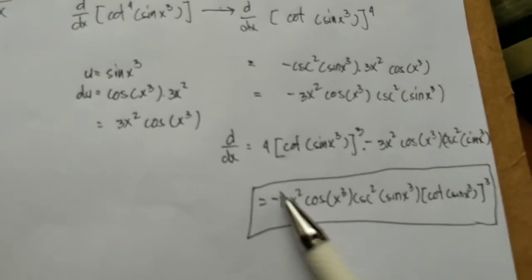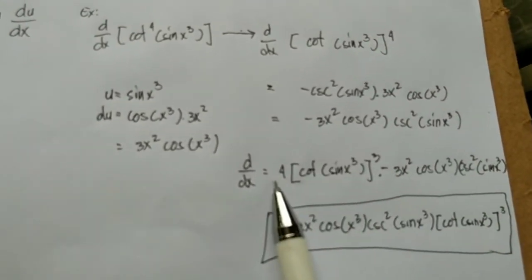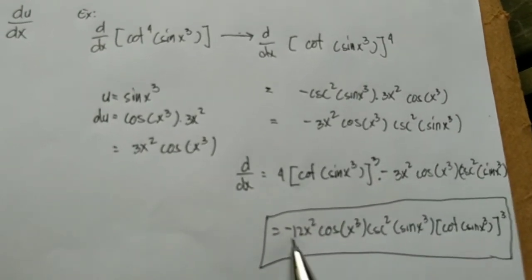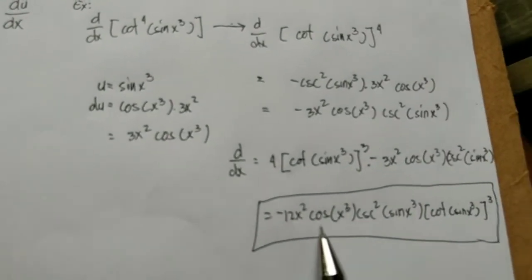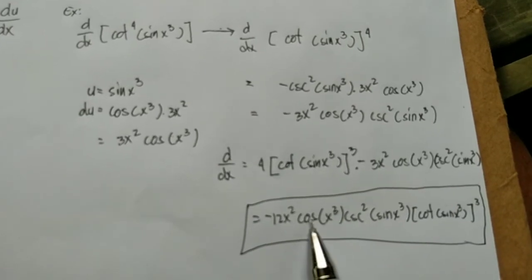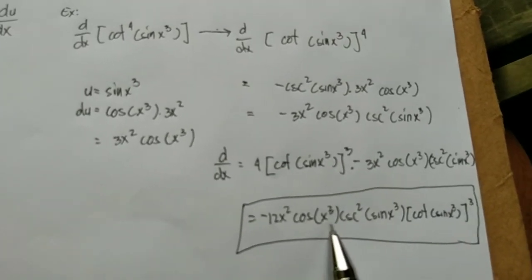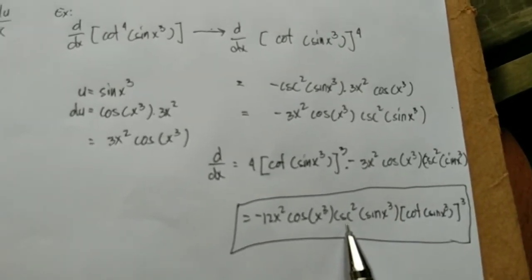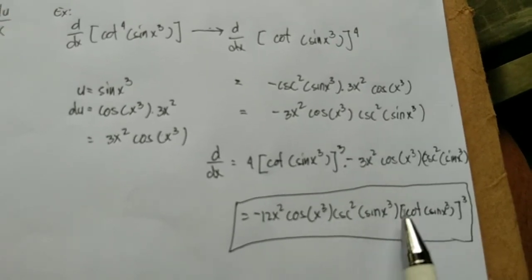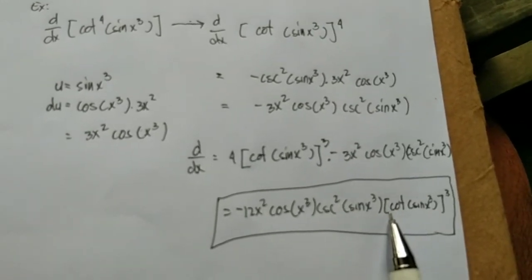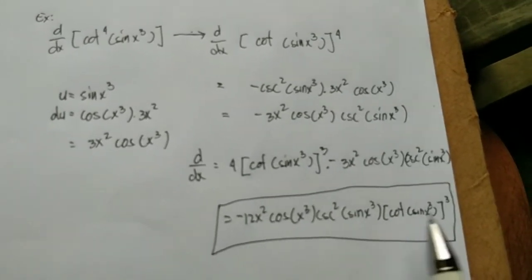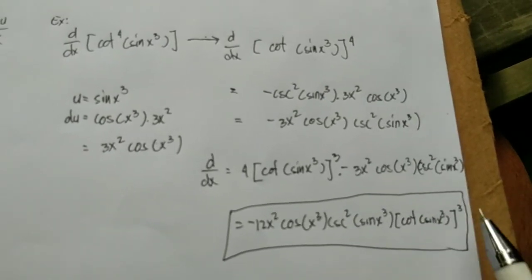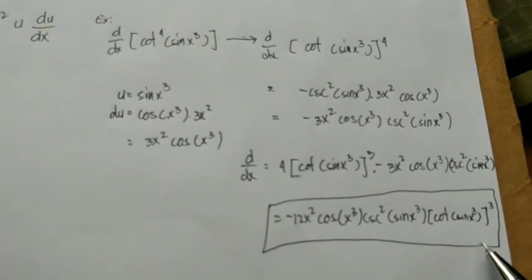So 4 times negative 3x squared gives 12x squared. So the answer is negative 12x squared cosine x cubed cosecant squared of sine x cubed times cotangent of sine x cubed raised to the power of 3. So this is our final answer.